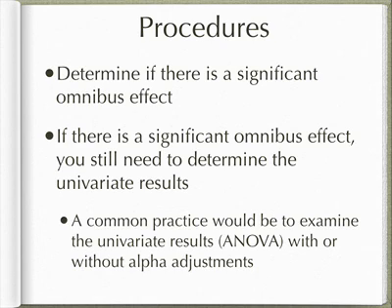And so you might have, let's say we're doing a 2-way MANOVA, and we have one of our main effects, there's no significant omnibus result for, but the other main effect, there is a significant omnibus effect for, and the interaction is not significant.